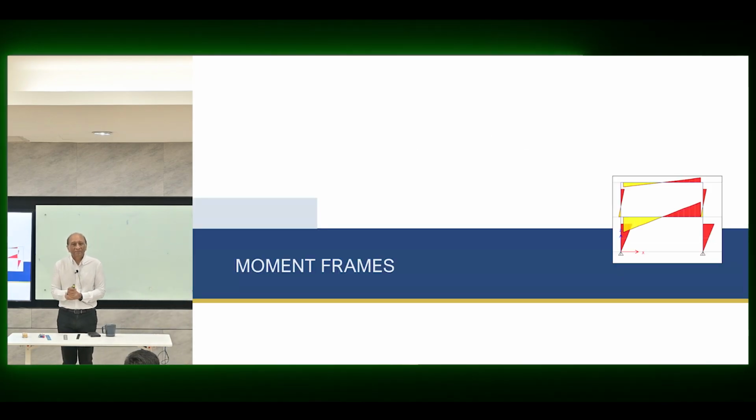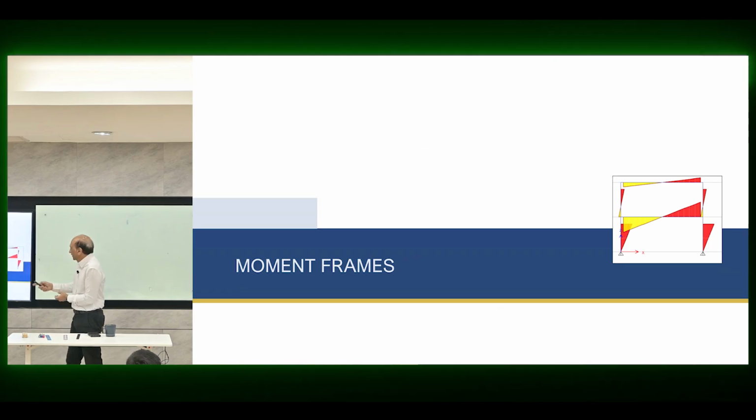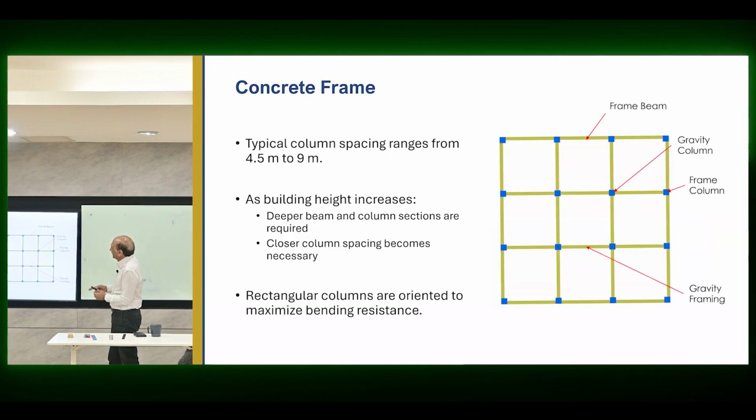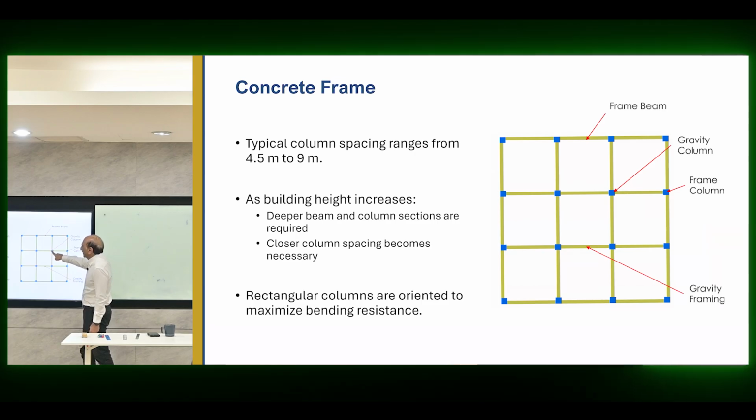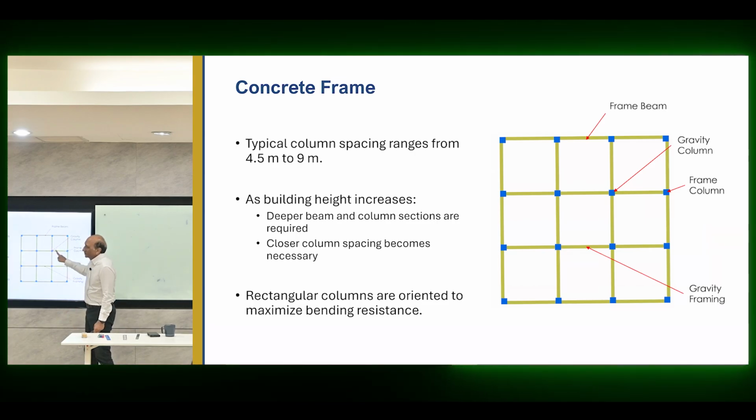Now let's come to the first system in the list. Most basic system, moment frame, which is also the one that I showed you earlier. So moment frame is basically a frame beam and a frame column, and inside could be a frame column or a gravity column.